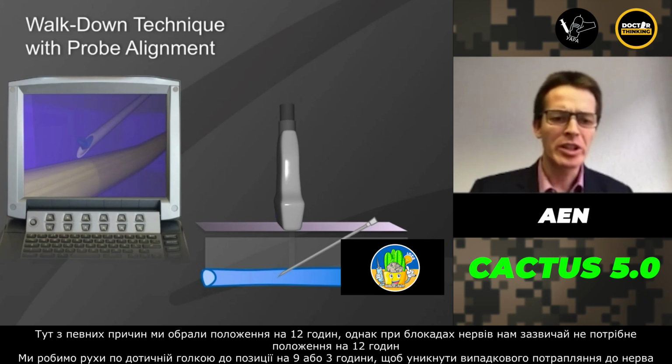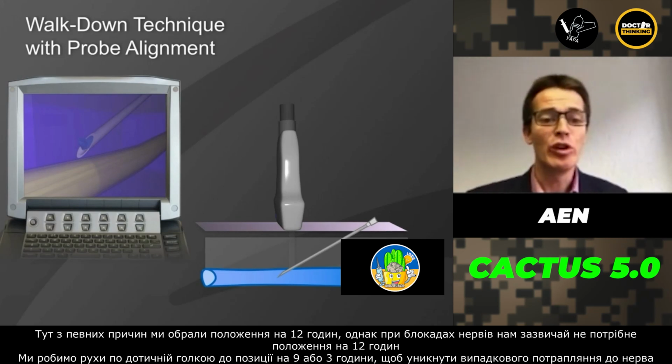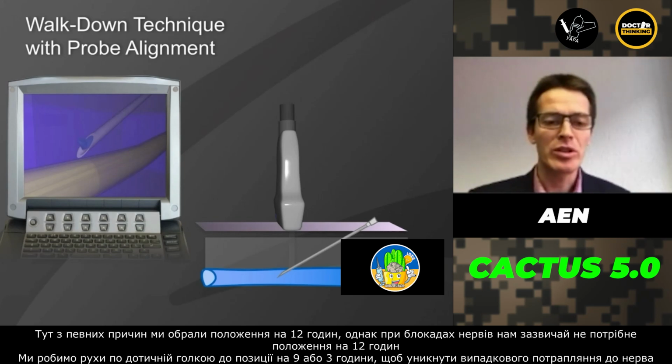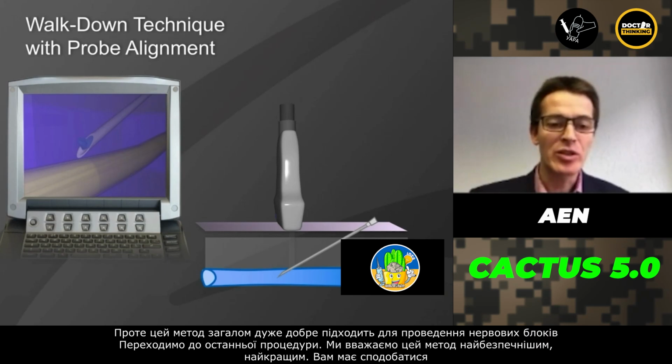However, shown here, for didactic reasons we have chosen the 12 o'clock position, but usually in nerve blocks we don't want the 12 o'clock position, so we want to have a tangential needle pass to the 9 o'clock or the 3 o'clock position in order not to accidentally get into the nerve. But this method is certainly very good for nerve blocks in general.